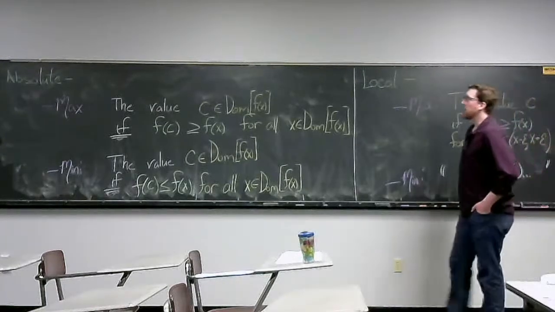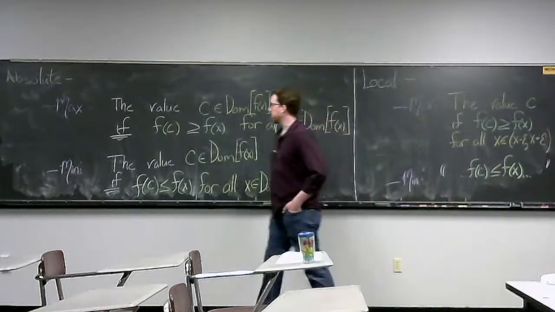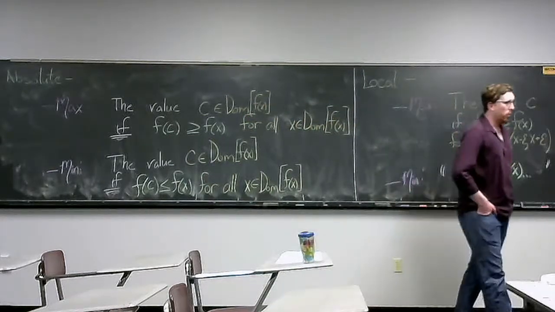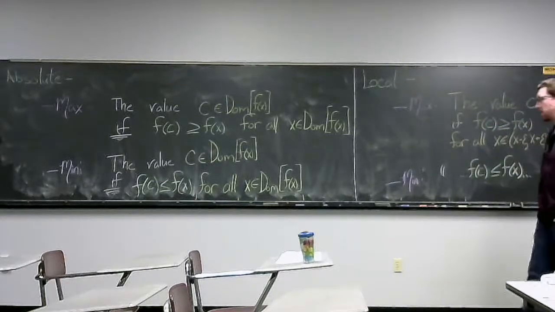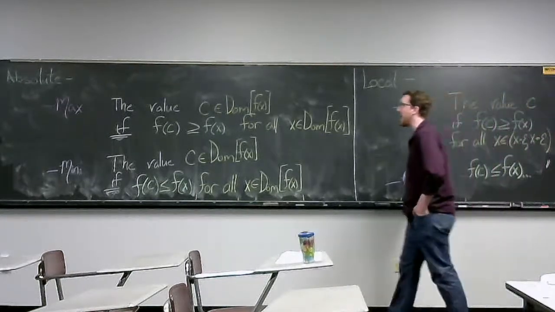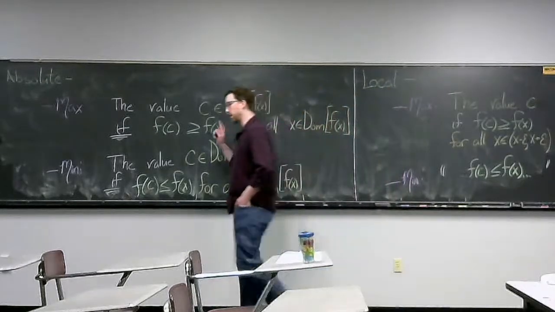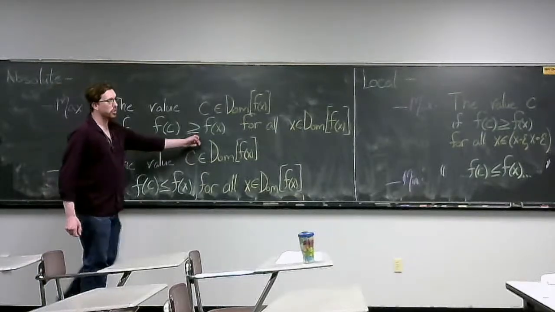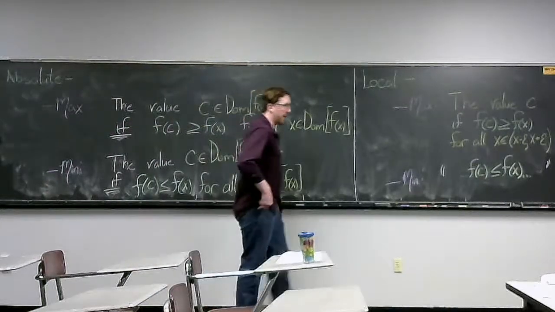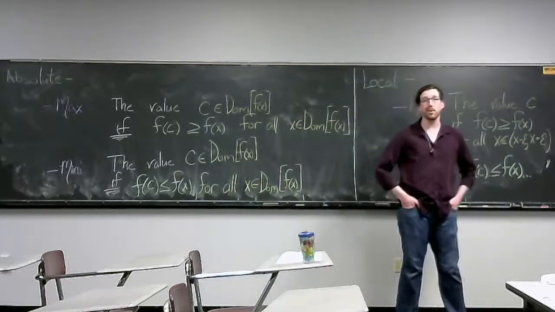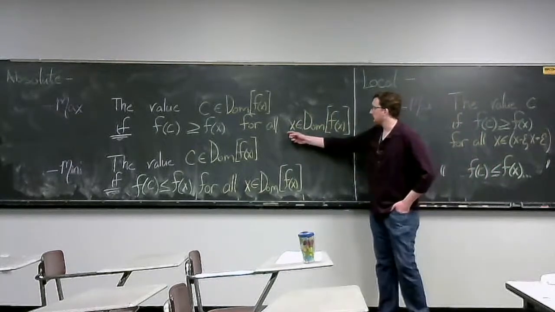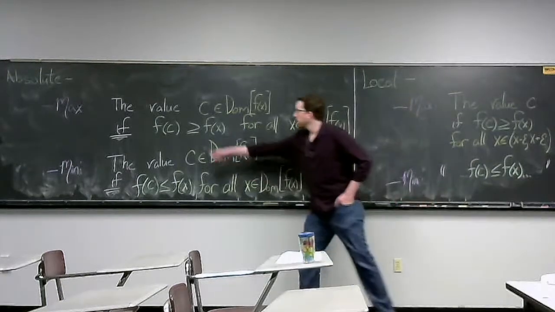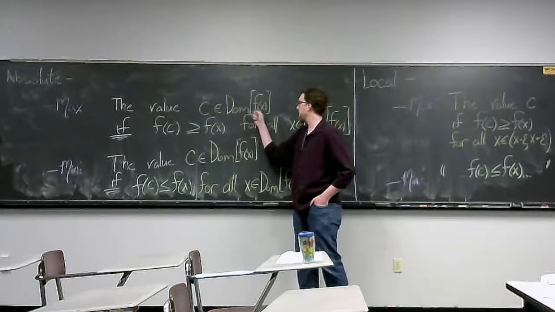So to start off with, the idea of an absolute max and an absolute min. Starting with this first definition of an absolute max, we say that our function f has an absolute max at c if f of c is larger than or equal to f of x for all values of x in the domain of our function. So that's what this is saying: x in the domain of f of x, and here we have c in the domain of f of x.